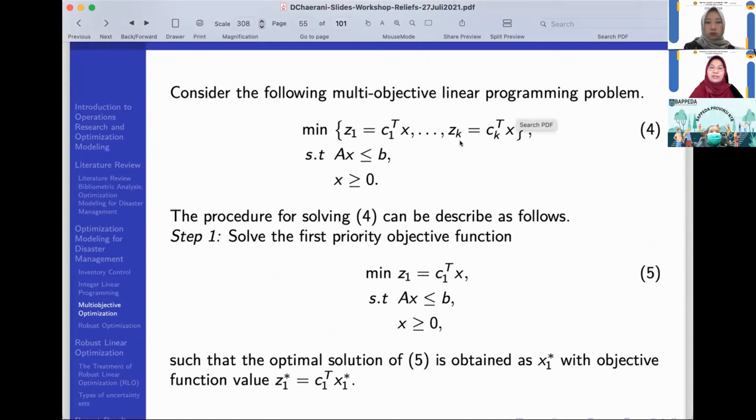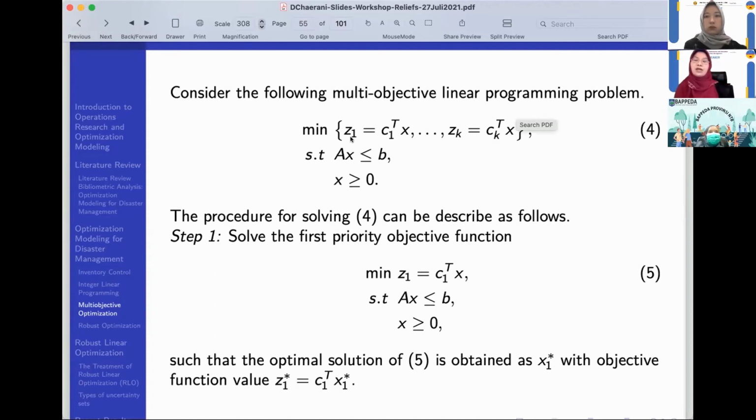Prosedurnya, langkah pertama, selesaikan dulu masalah ini hanya dengan first priority objective function. Indexing ini biasanya menyatakan prioritas, jadi Z1 artinya fungsi objektif prioritas pertama.